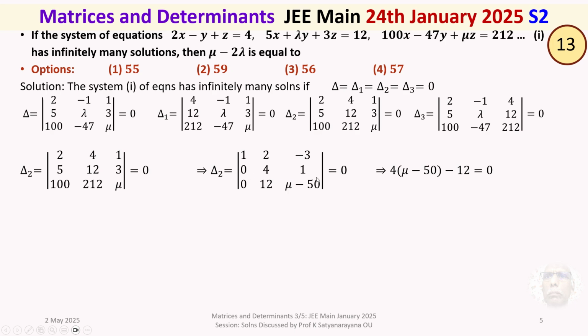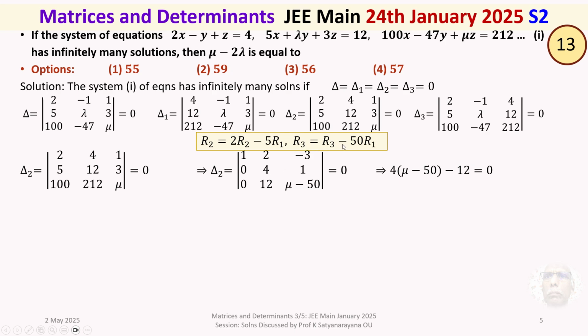Now, what have I done here? I have made these 2 entries 0. How? I made R2 as 2 times R2 minus 5 times R1, and thereby this becomes 0.